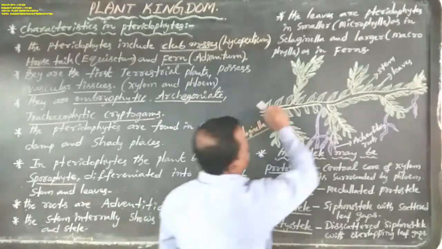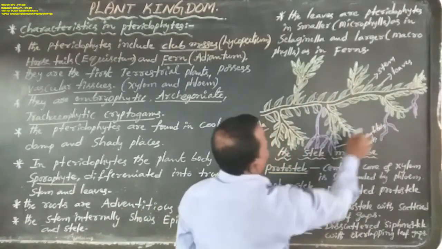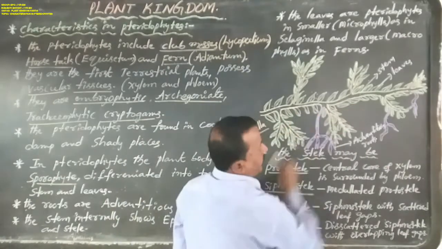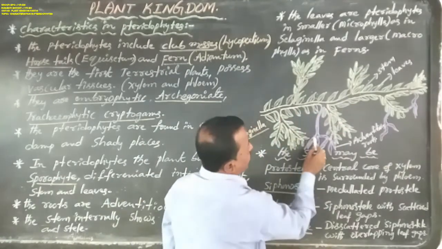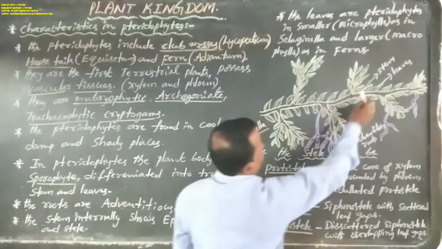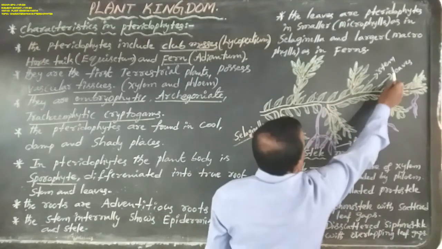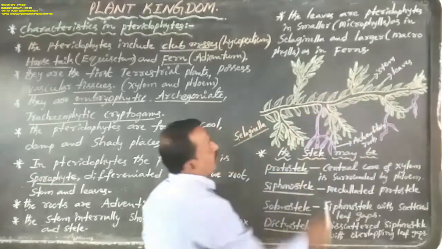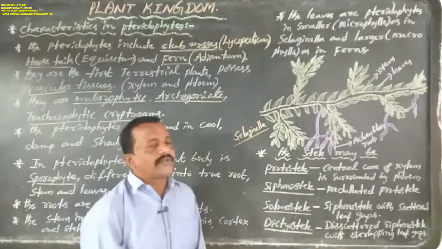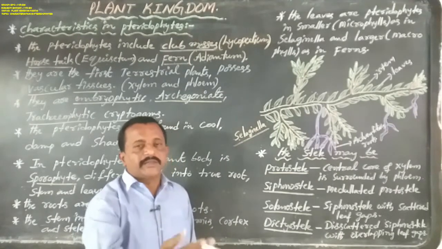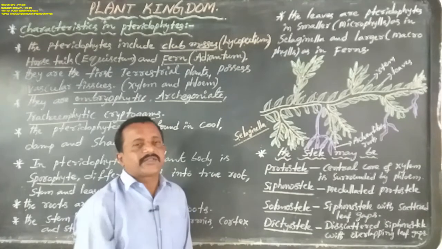Dear students, this is a Selaginella plant body, a sporophyte, differentiated into true roots, that is adventitious roots, a true stem, and true leaves, which are smaller microphylls. Microphylls help in asexual reproduction.